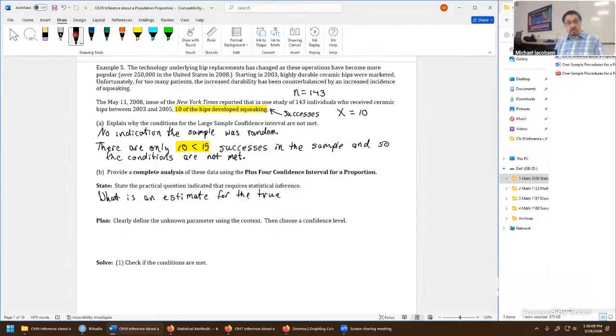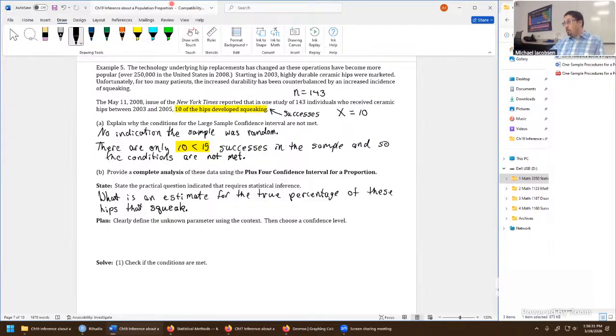I'll go with percentage in this problem just to vary the way we can write this out. I'll say the true percentage of these hips that squeak. So that's kind of the essence of our problem.